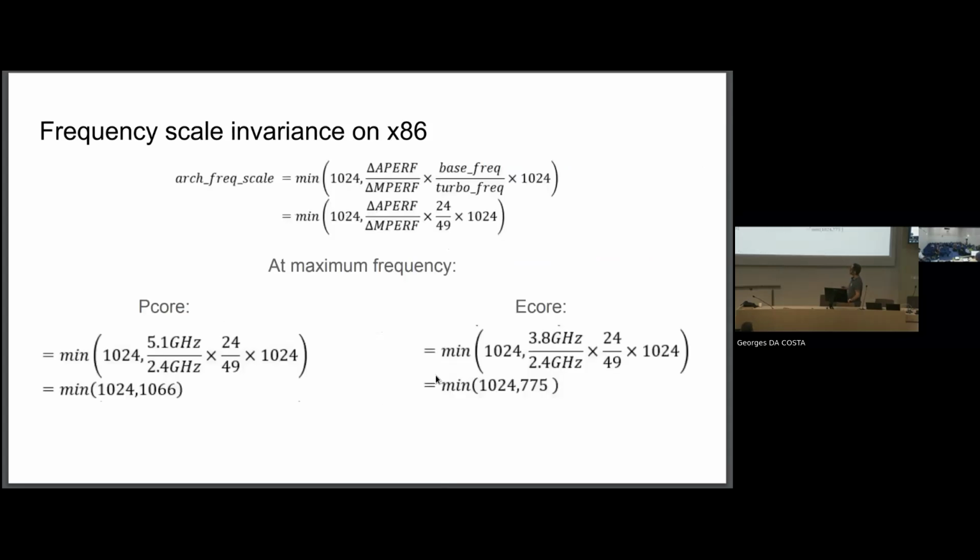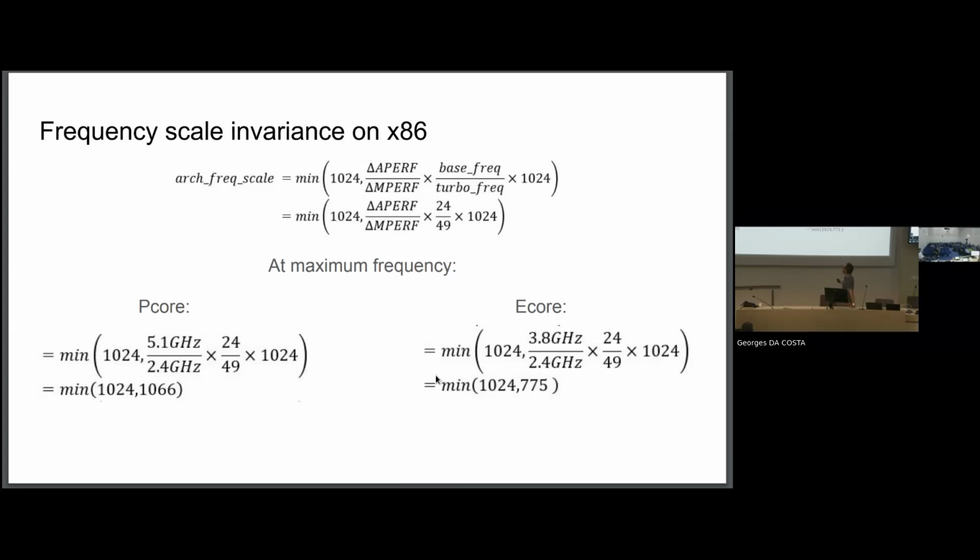How these numbers look when we do this on a hybrid core. This is just the formula that we got in the previous slide, but I fed numbers into it. This is the four-core turbo number that we get from the turbo register, and this is the base frequency number that we get from the platform info register.